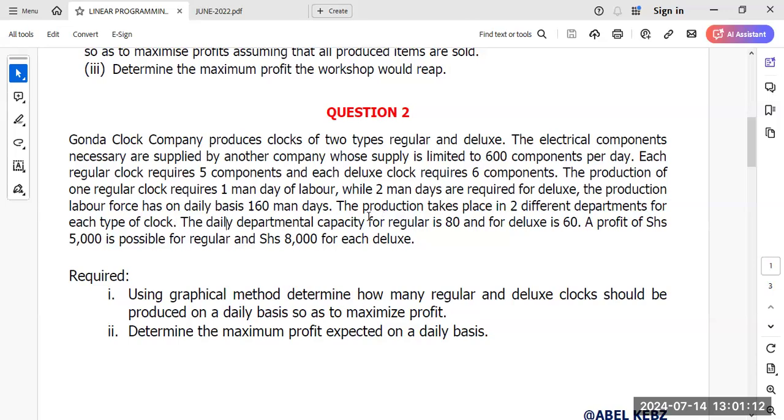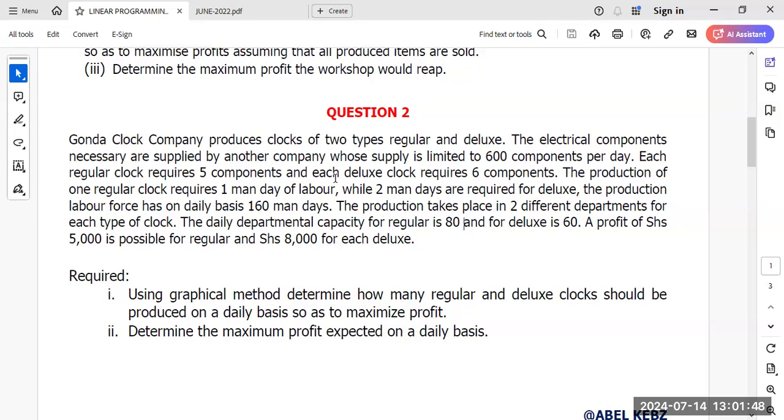The daily departmental capacity for regular is 80 and for deluxe is 60. They have specified capacity for each, the capacity you will need for each regular and for each deluxe. But they have not indicated the overall capacity of the company. Are we together? They have not indicated the overall capacity of the company.